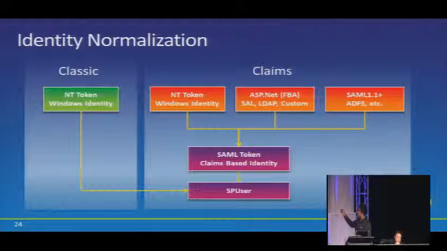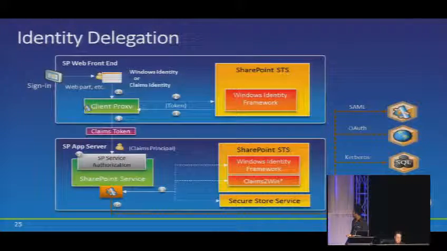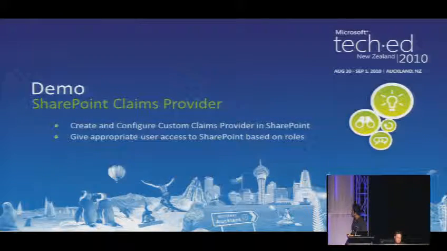And at the end of the day, what is important from this slide is, it doesn't matter if you were using the old classic or the new claims mode, it comes back to SPUser. If you were using SPUser in the past, you're still dealing with SPUser to grant permissions. It's just how you get to that SPUser that is the new part for claims. So I won't talk about it.